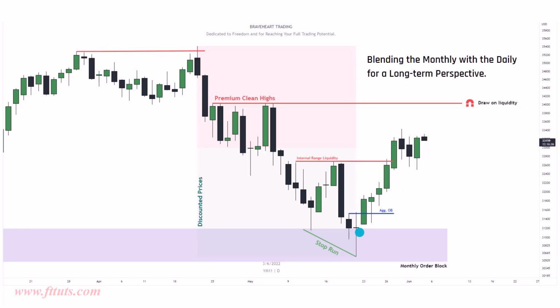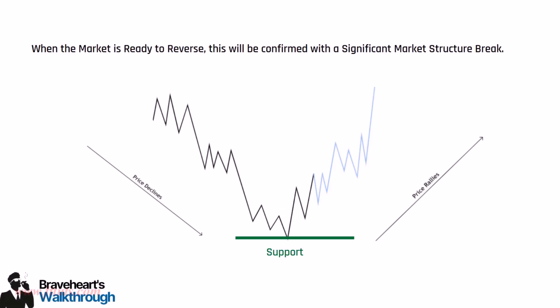So when we're looking for day trades, we're going to be focusing on bullish bias. Alright, so take a look at how many bullish candles are here compared to the bearish candles. When the market is ready to reverse, this will be confirmed with a significant market structure break.